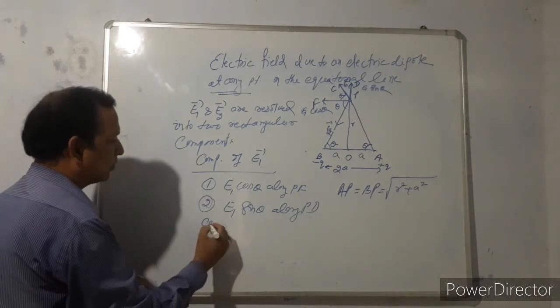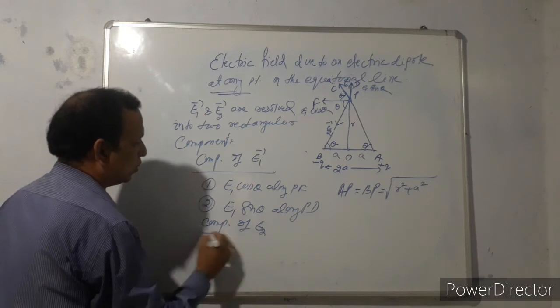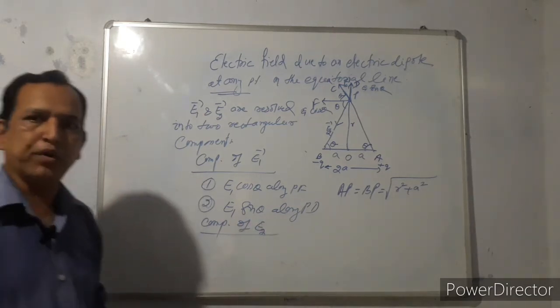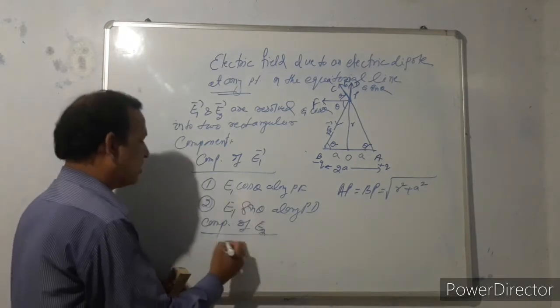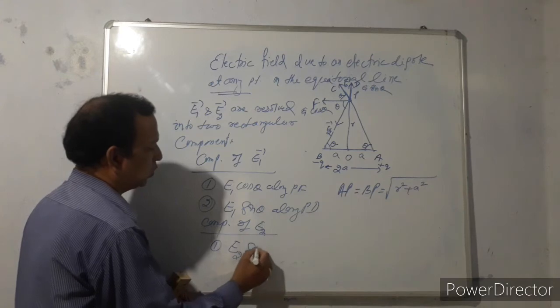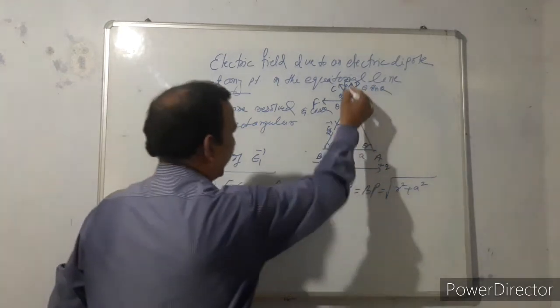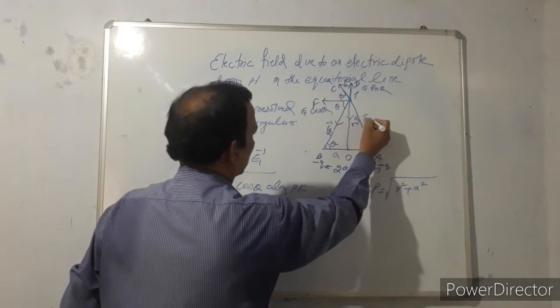Now, the components of E2. First, E2 sin theta along PO.